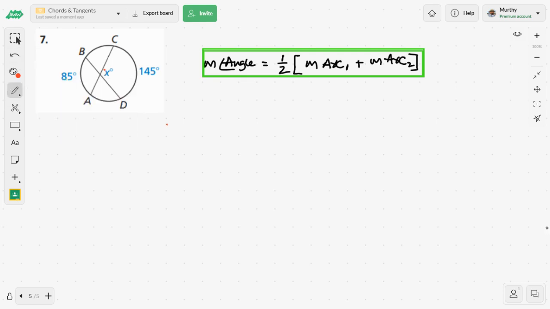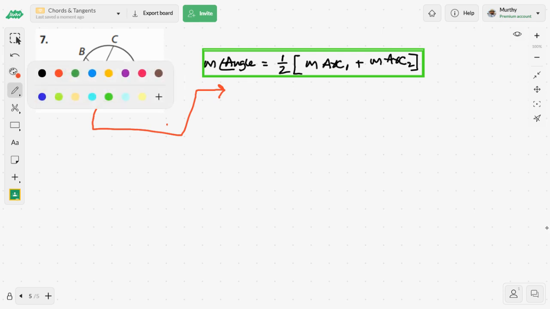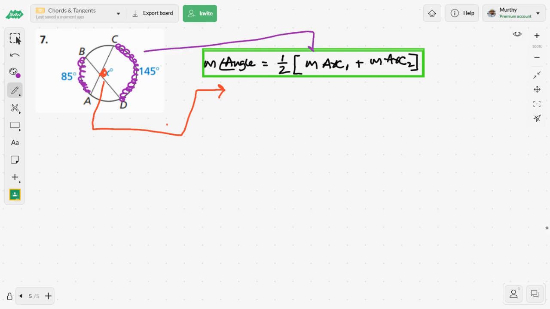Okay, so here the angle x is given. Please remember, this one goes here, and next the measure of these arcs. One arc is here, one arc is here, and notice that this is the second arc. So arc 1 goes here and arc 2 goes here.